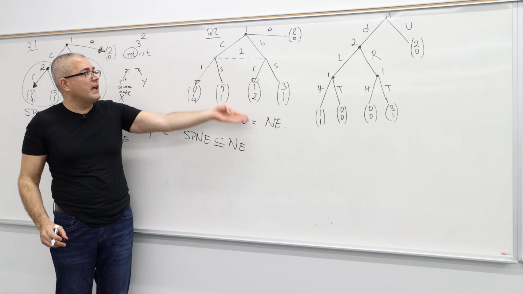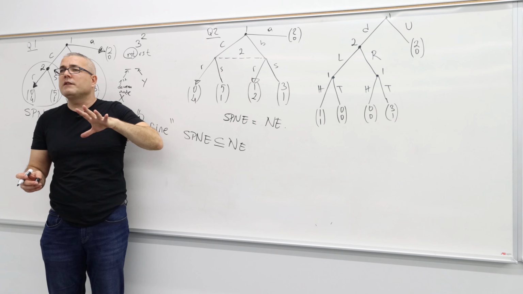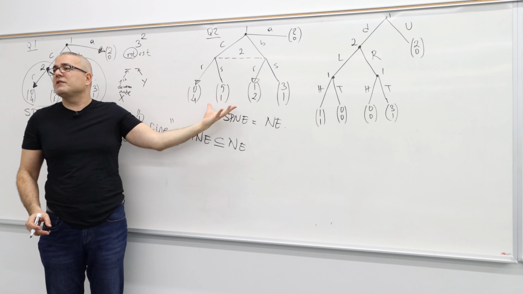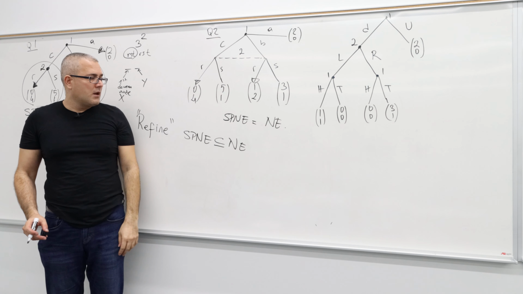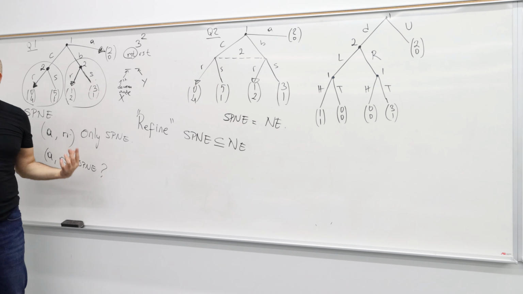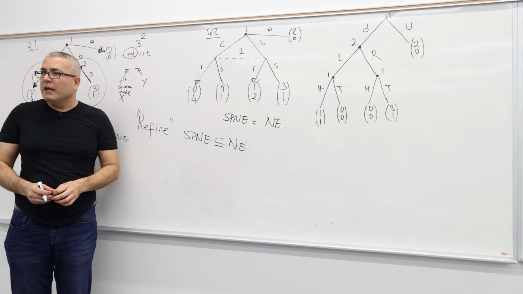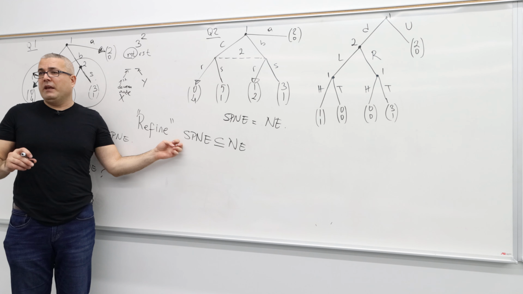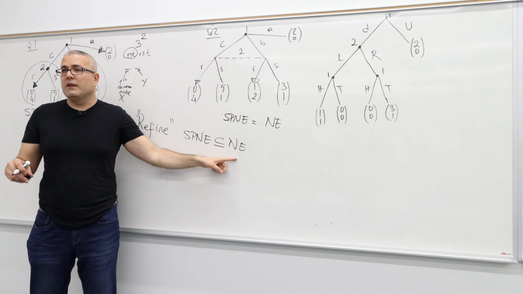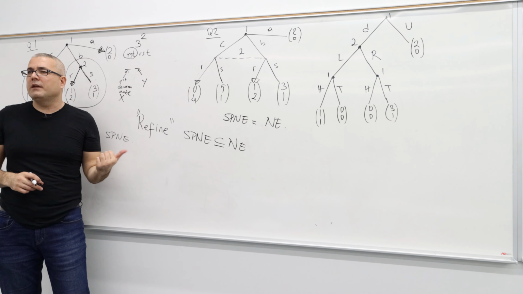For example, in this game, the subgame perfect Nash equilibrium and the Nash equilibrium are equivalent because this game doesn't have any proper subgame. But usually, like in this game, subgame perfect Nash equilibrium is going to be a strict subset of Nash equilibrium, meaning every SPNE is a Nash equilibrium, but there are some Nash equilibria which are not SPNE. Okay?